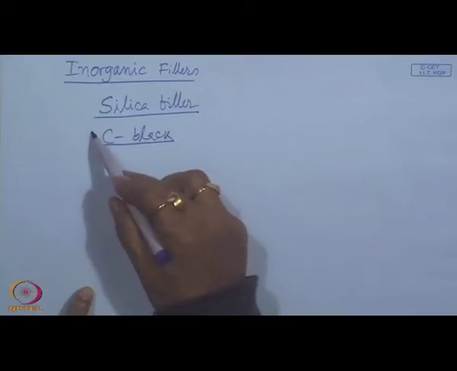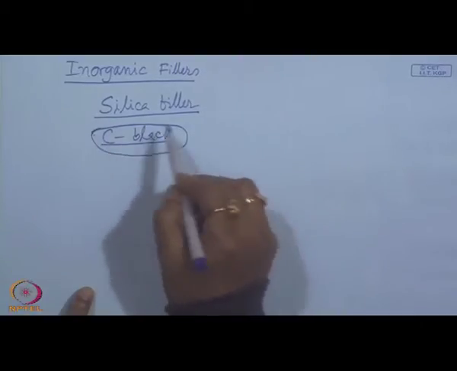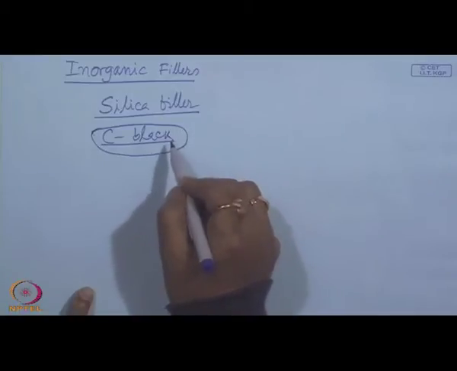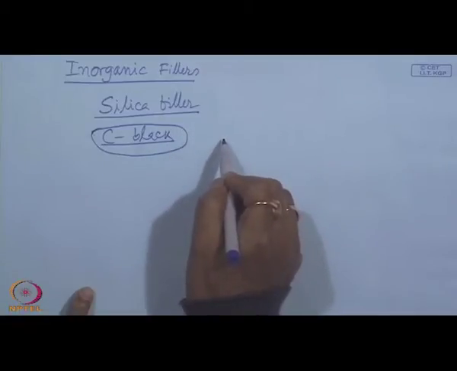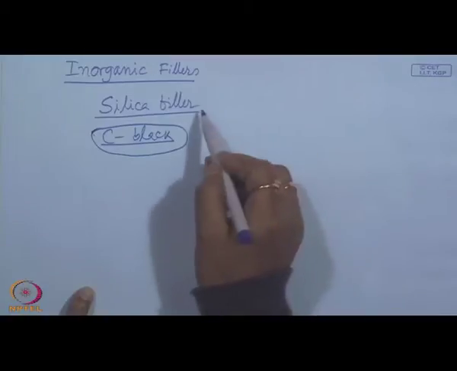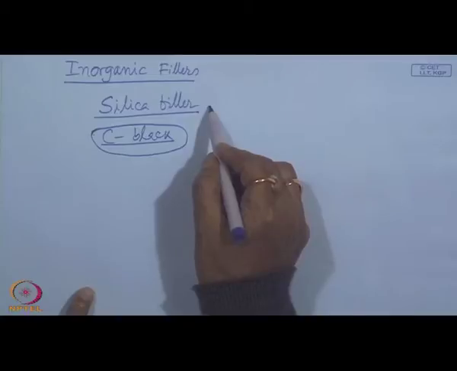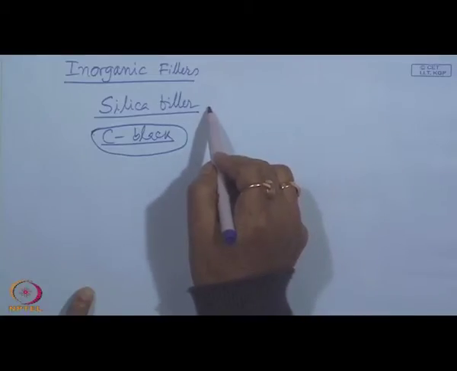Carbon black can be easily accommodated by rubber, and there can be interaction between the carbon black particles and the rubber molecules, whereas silica filler cannot enter into physical or chemical anchorage to the rubber polymer chain.